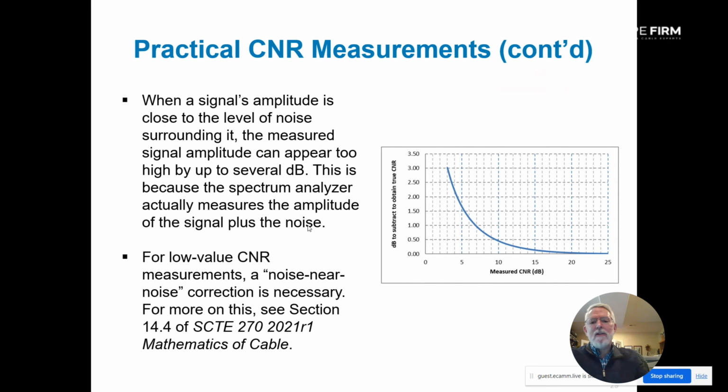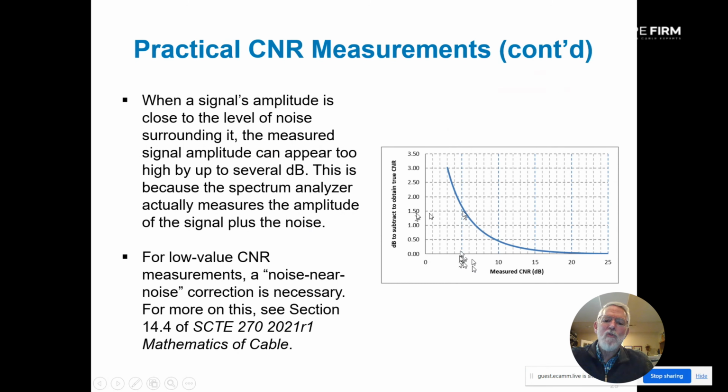So if you've got low value CNR measurements, you need to apply what's called a noise near noise correction. That's described in the SCTE math document. Here's a graph from that, and to give you an example, let's say you measure a CNR of 5 dB. So there's 5 dB, the measured CNR. You go up to the curve and then go across, and it says 1.5 dB.